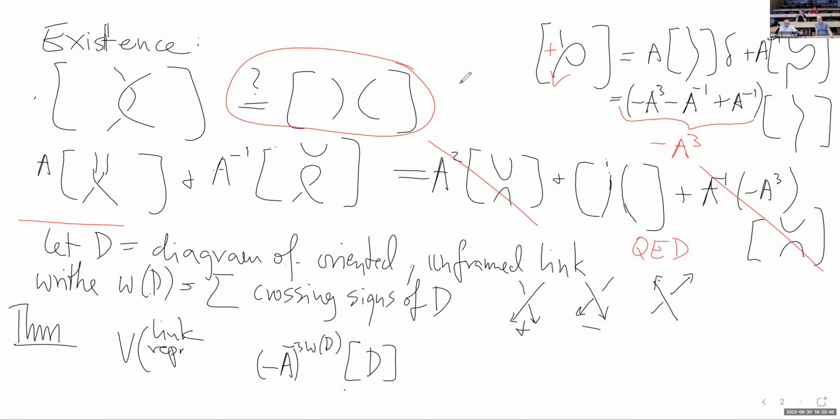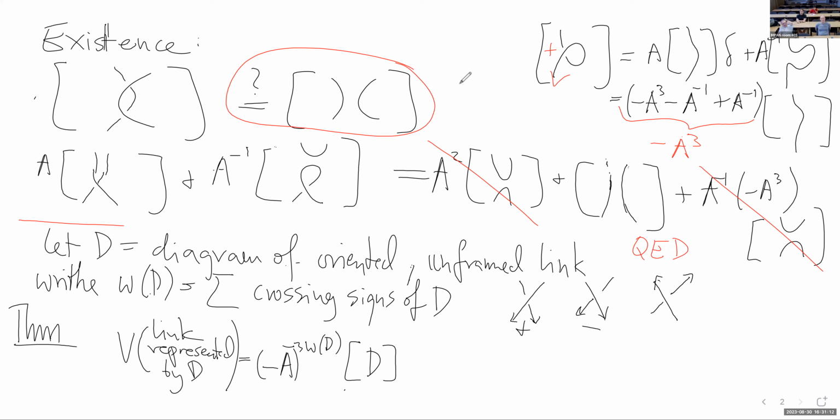Again, I'm confused. So this minus a to the power minus 3w(D) times the bracket of D, what is it? Right, so this defines the corrected Kauffman bracket.